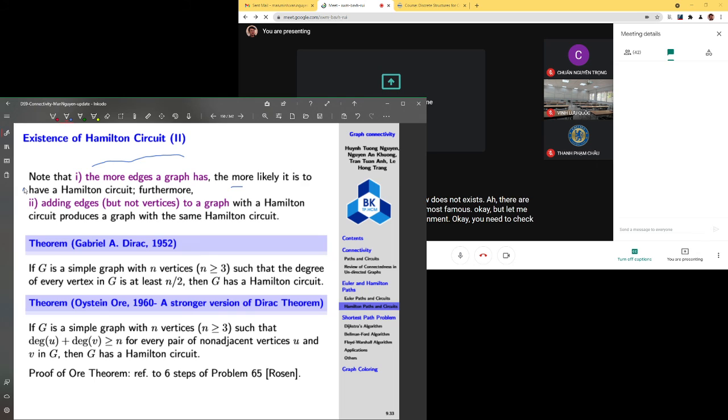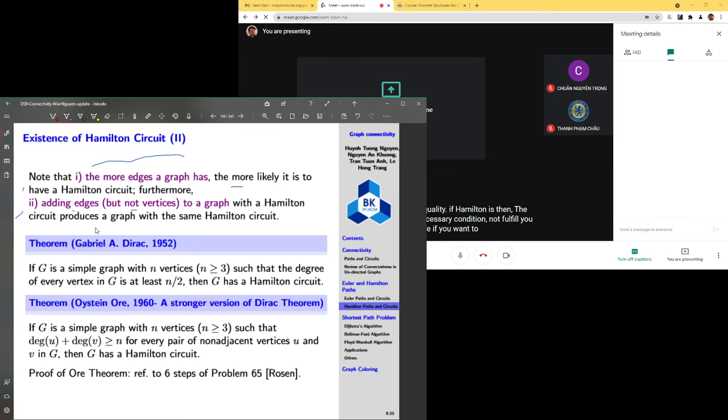That's obvious by definition. Secondly, if you put extra edges into the graph but don't add more vertices, keeping the same original vertices, then you can hope to produce a graph with a Hamilton circuit. So these two notes are very important.